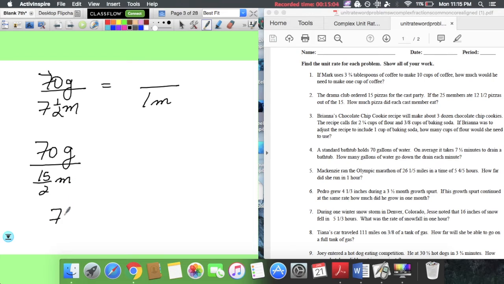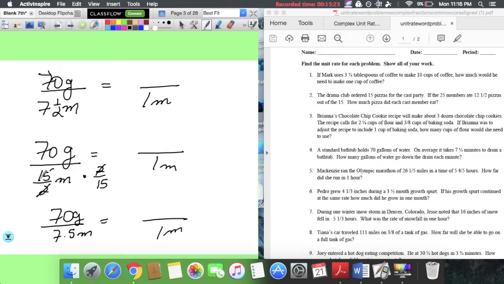Or if you did it as a decimal, you can write 70 gallons over 7.5 minutes. So all of them is the same problem. I don't have a fraction calculator, but in this case it's times 2 over 15. This 2 and this 2 simplify, this 15 and this 15 simplify. That's how I get my minutes by itself, or 1 minute.